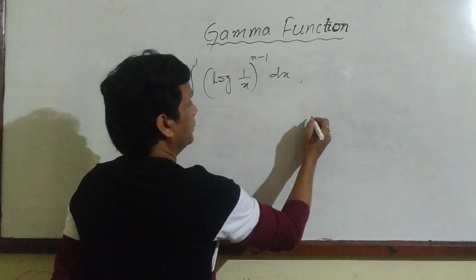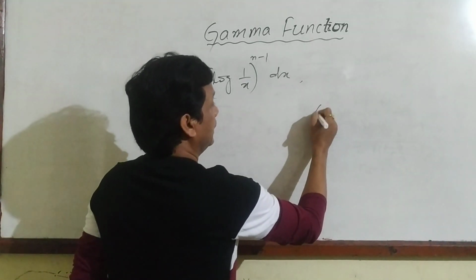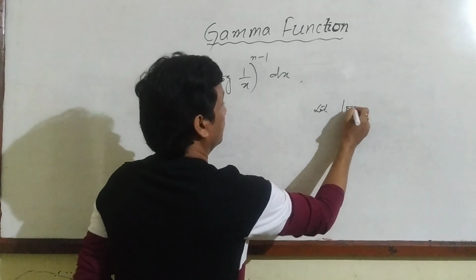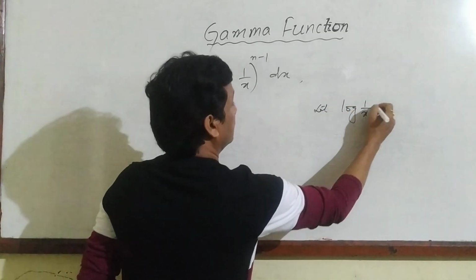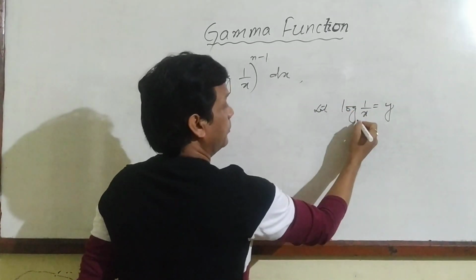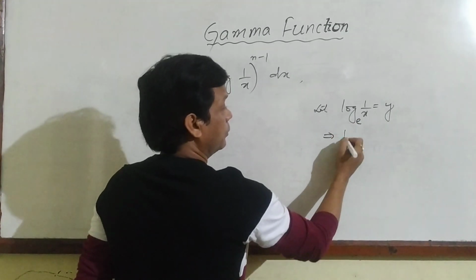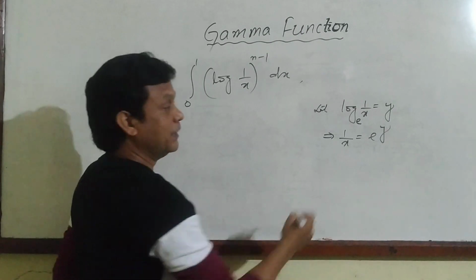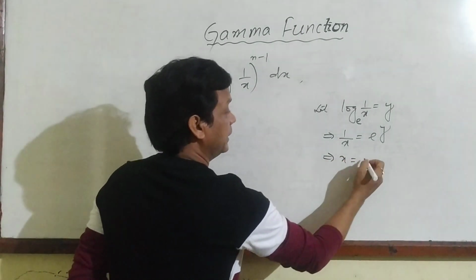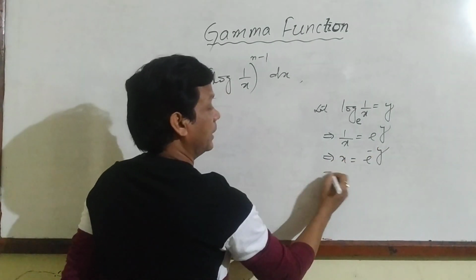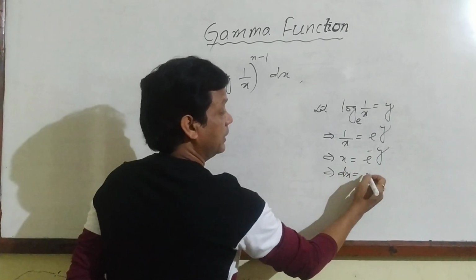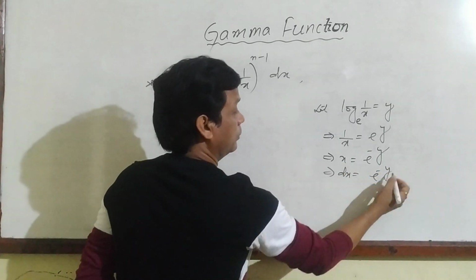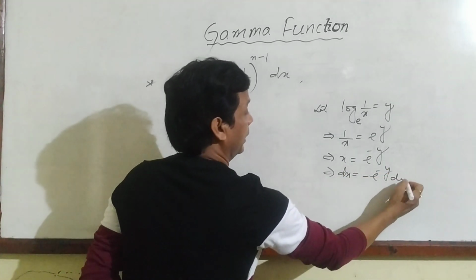So in this problem, let log of 1 by x is equal to y. Here base is e. So 1 by x is equal to e to the power y. Clear? So that means x is equal to how much? e to the power minus y. And dx is equal to how much? The derivative of e to the minus y is minus e to the minus y dy.